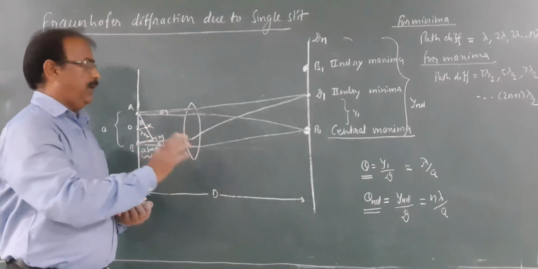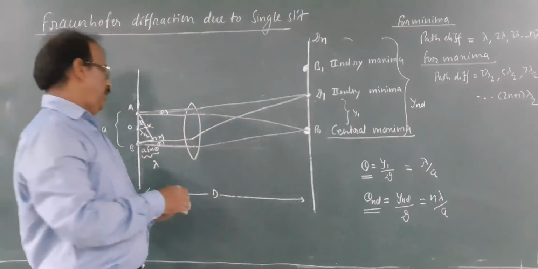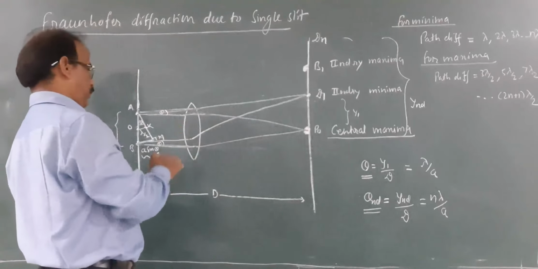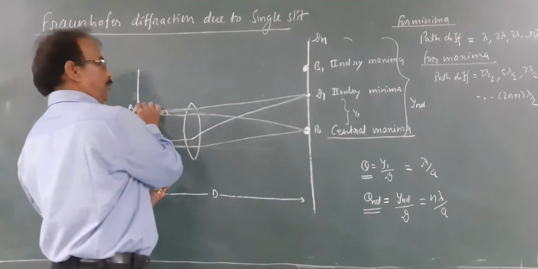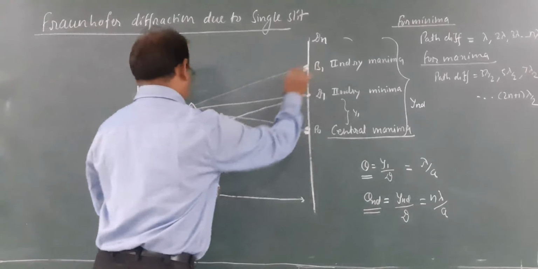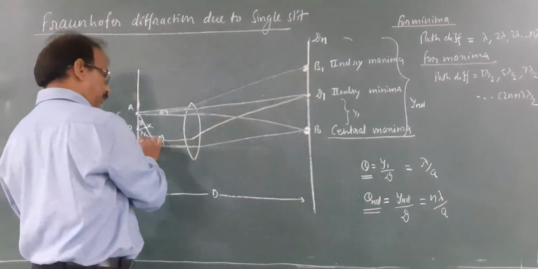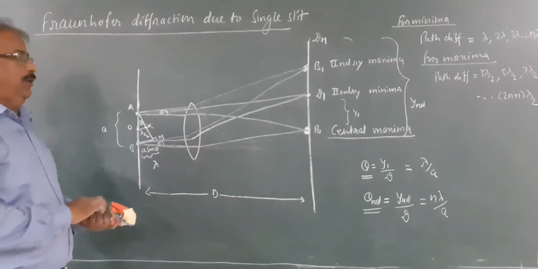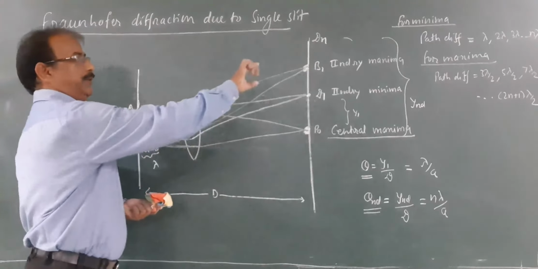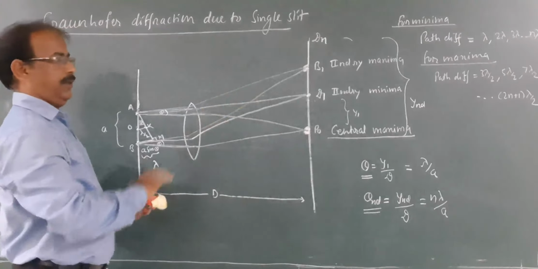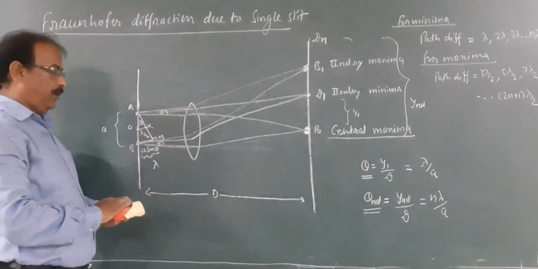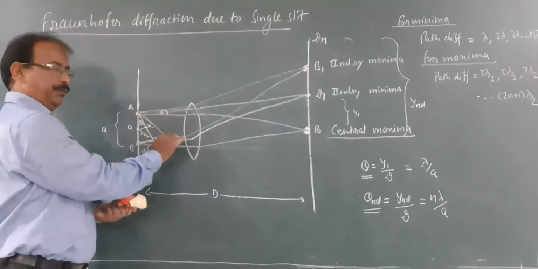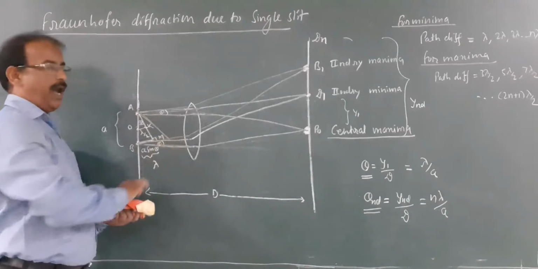Explanation is similar. These are the waves that reach at B1, that is first secondary maxima. This will be the path difference here, which is 3 times lambda by 2.